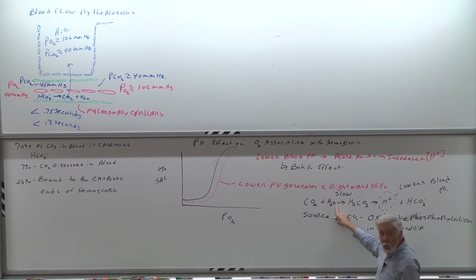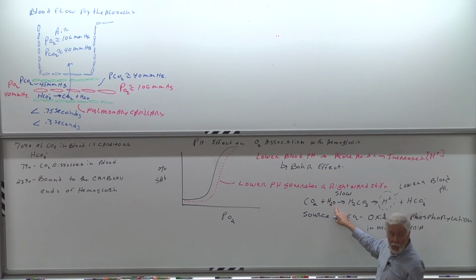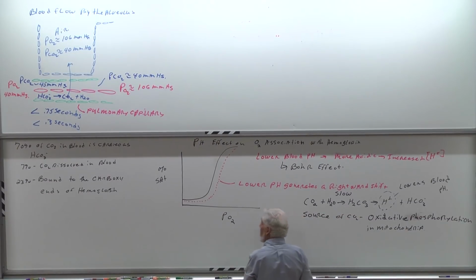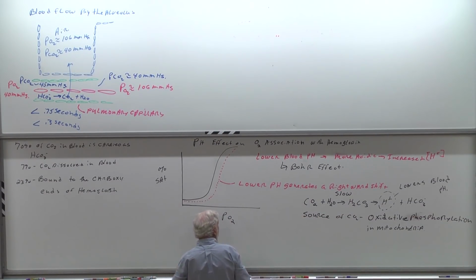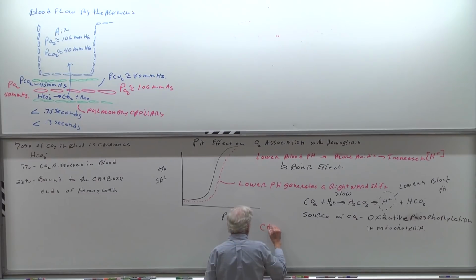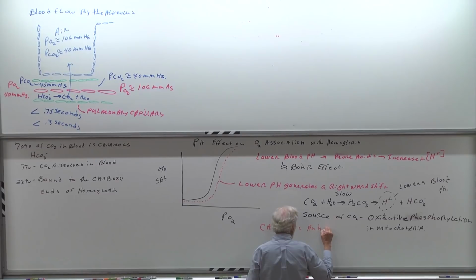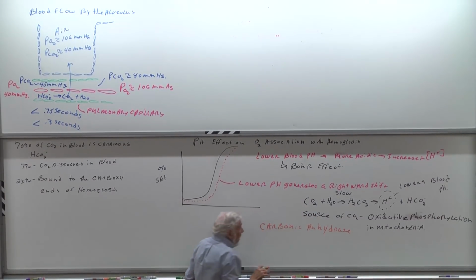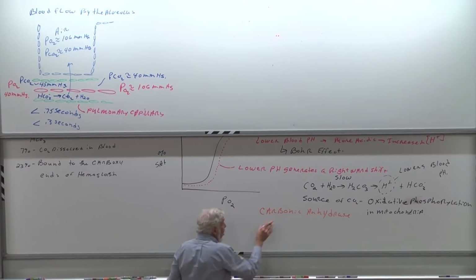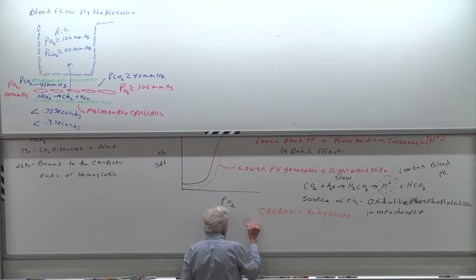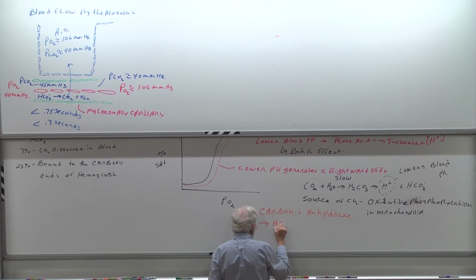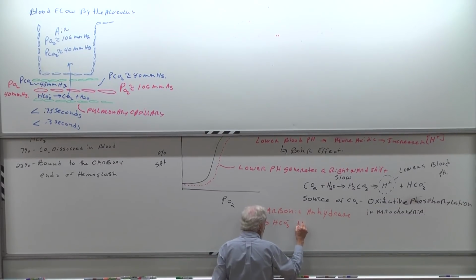So evolution, and it looks like several times independently, has developed a peculiar enzyme. And the enzyme is called carbonic anhydrase. Now, what carbonic anhydrase does is it can take carbon dioxide and convert it into bicarbonate and hydrogen ion.